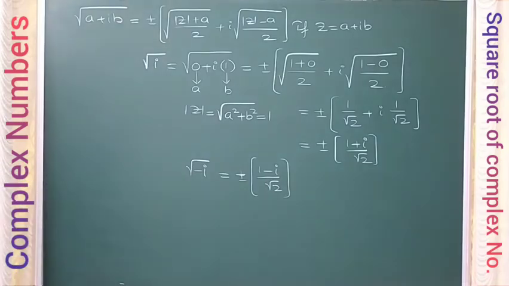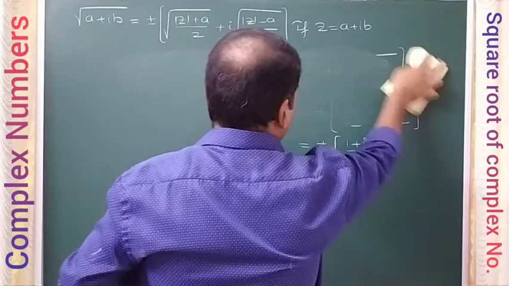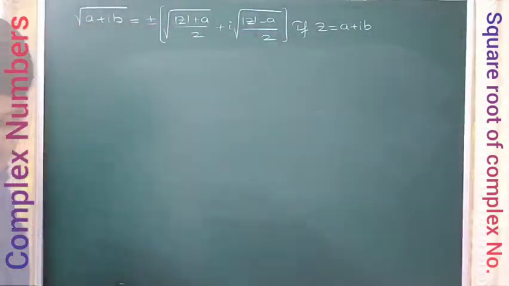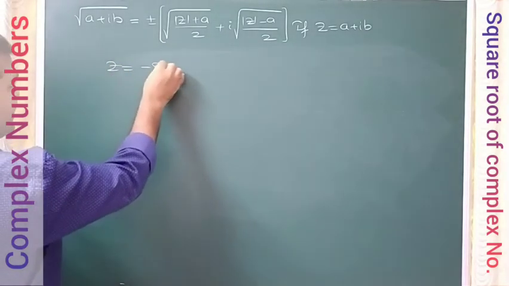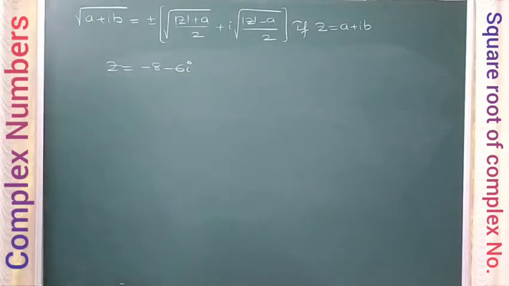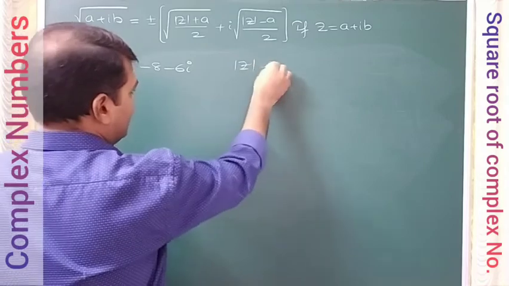Okay, so let us take a simple example of how to find the square root by taking a general complex number. For example, I will take z is equal to minus 8 minus 6i. Square root of z is required. Let me find mod z first.